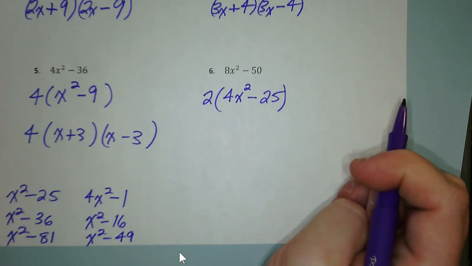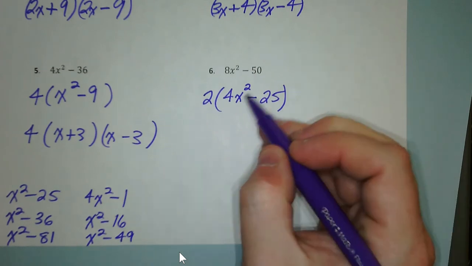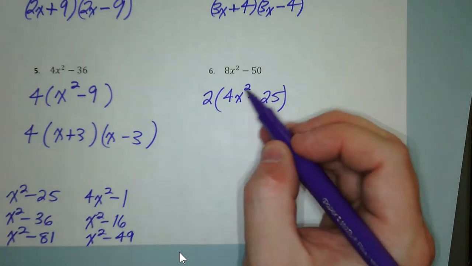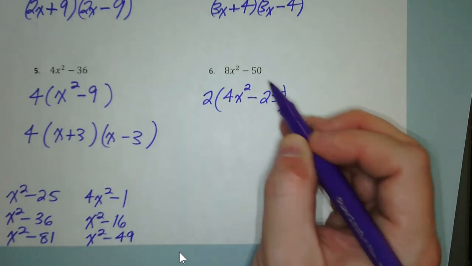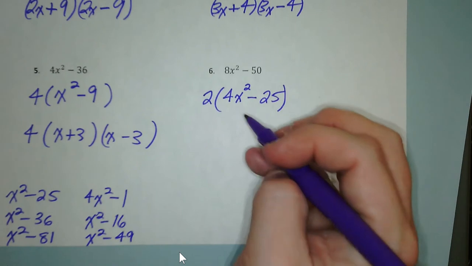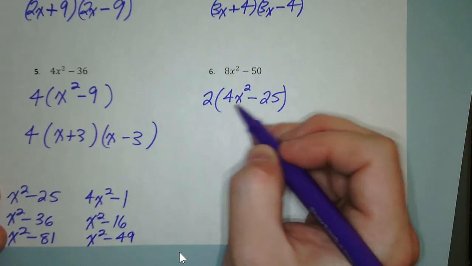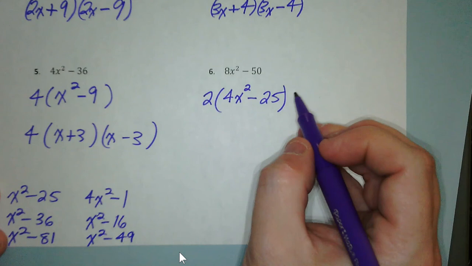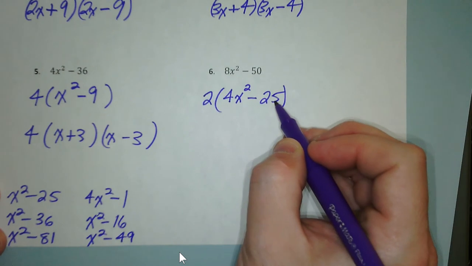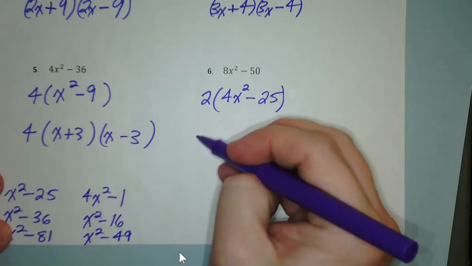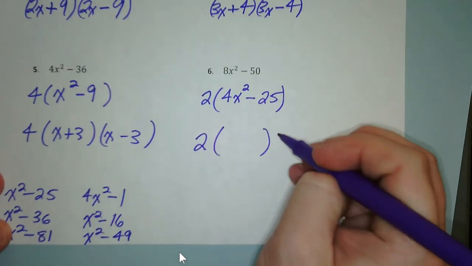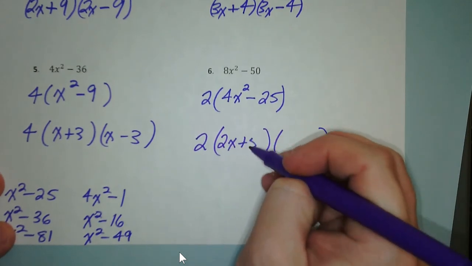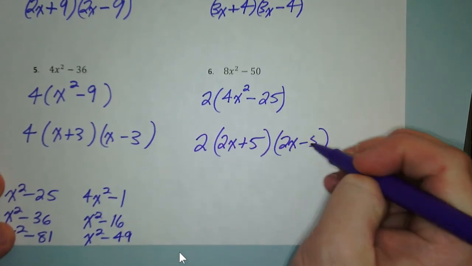Yes, because they're both perfect squares, right? As long as it's the difference of 2 perfect squares, you can. Jack, what's the square root of 4x squared? 2x. How about 25? 5. So the 2 comes down. Don't forget about the 2. And then the bubbles are going to be 2x plus 5, 2x minus 5.